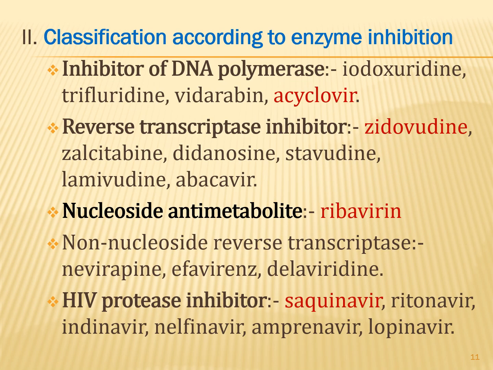Second type of classification is based on enzyme inhibition. First one is inhibitors of DNA polymerase. Examples: idoxuridine, trifluridine, vidarabine, acyclovir. Then reverse transcriptase inhibitors. Examples: zidovudine, zalcitabine, didanosine, stavudine, lamivudine, abacavir.